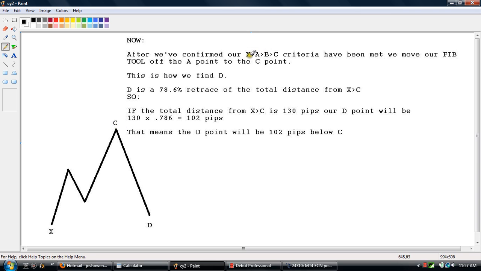After we've confirmed our X, A, B, C criteria, which we have, we move our fib tool off the A point, which is right here, to the C point up to here. So we're going to leave the base on the X. We're just going to pull it from now A to C. Okay? So your total fib measurement now is going to be the total distance from X up to C.